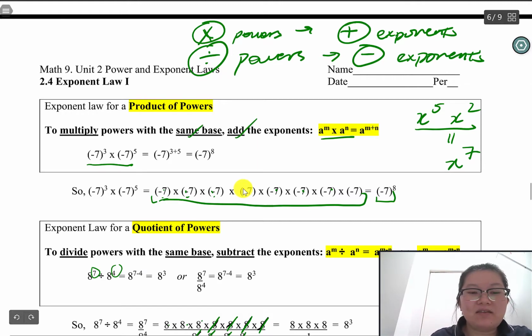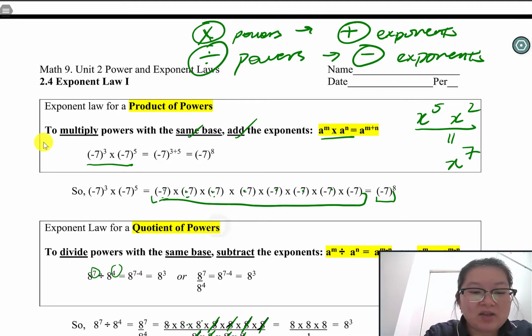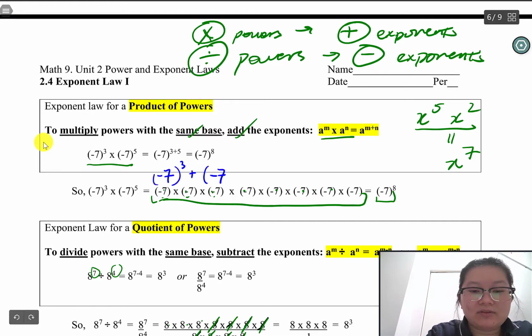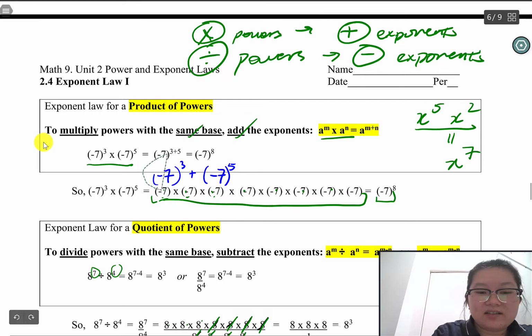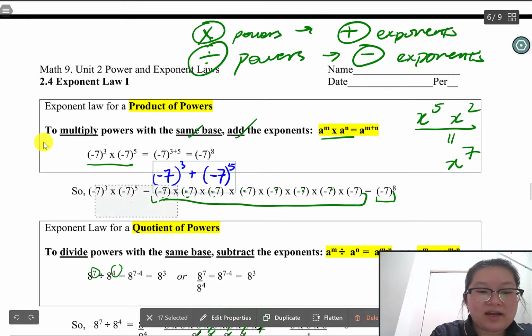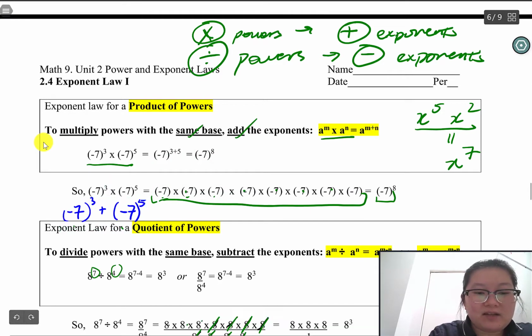So let's take this long trail as an example. For example, instead of multiplying here, let's say I had adding. Let's say I added these two up. Then my whole sentence would look like this. I'm going to have -7 times -7.